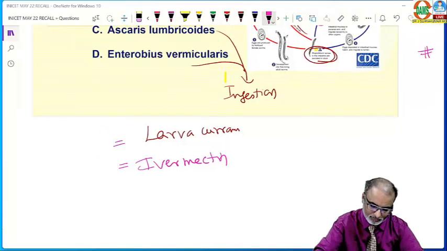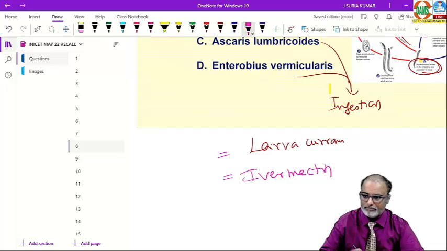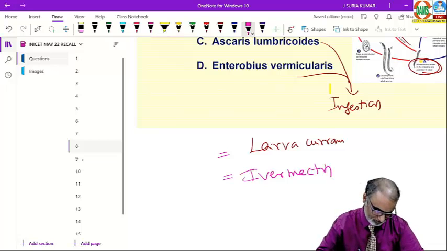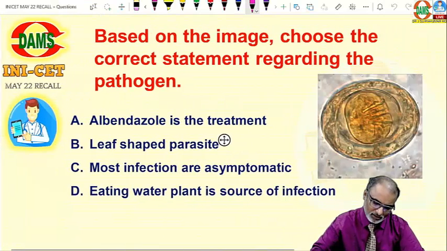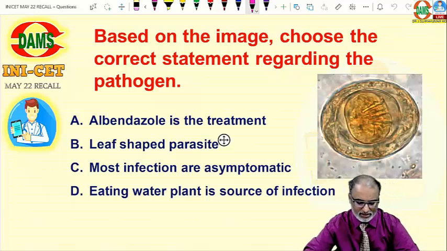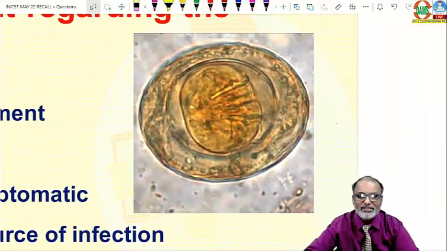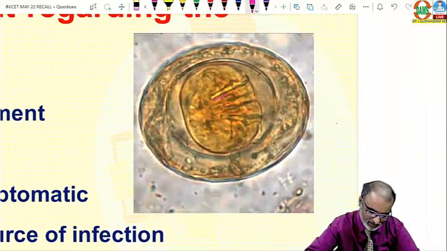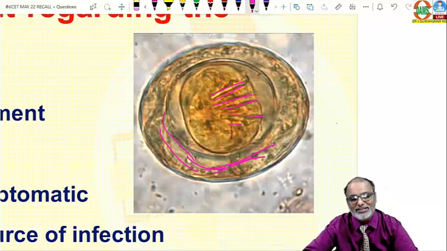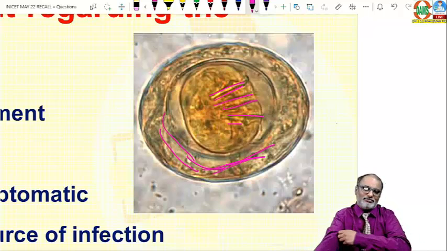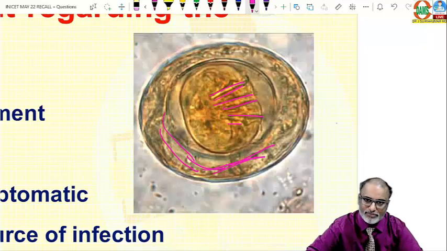Next: based on the image, choose the correct statement regarding the pathogen. See the image, it gives an idea. Hexacanth egg and some filamentous structures. Many times they show the same egg in the exam, two to three times the same image came.